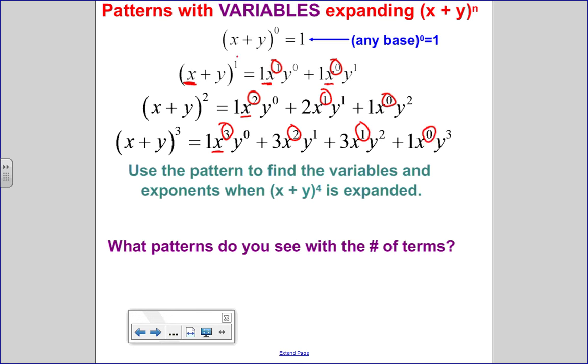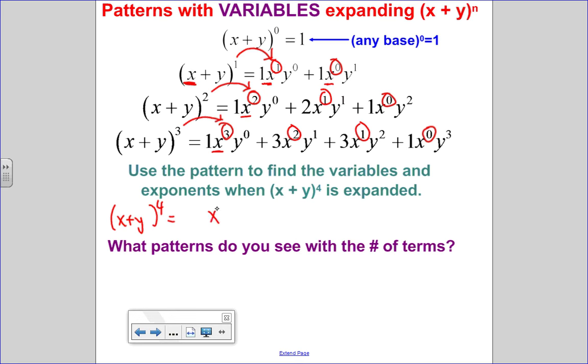So I'm starting with whatever number is on the outside, the exponent, and decreasing it until I get down to 0. So x starts at the exponent and decreases by 1 until you reach 0. I'm going to use this pattern here to do x plus y to the exponent of 4. Again, we're just focused on the variables right now.